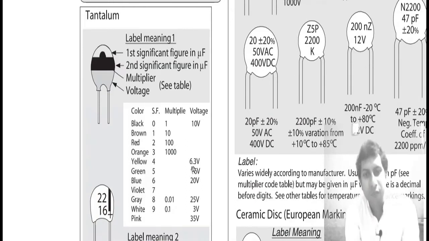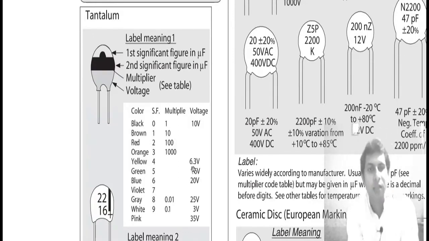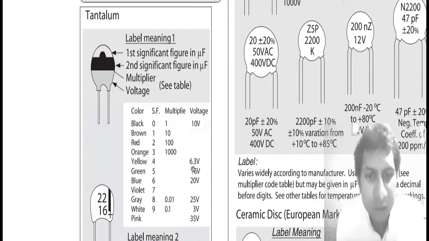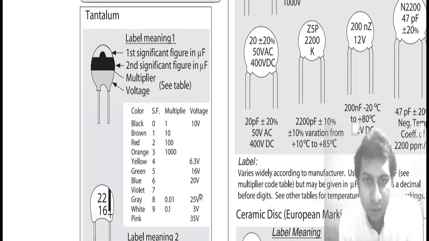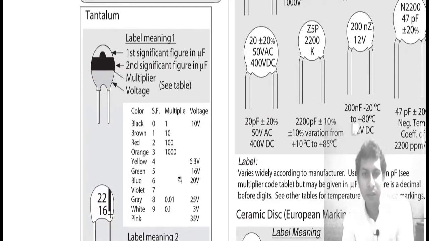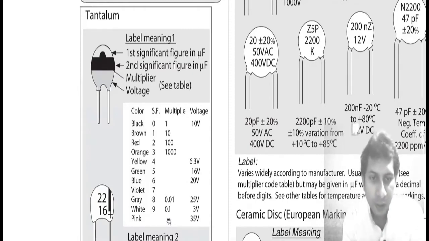If 25 volt or 10 volt is flowing in the circuit, then it might rupture or burst the capacitor casing, that means the extra voltage will damage the capacitor. So you have to keep these conditions in mind, the voltage as well as the capacitance value, while designing circuits. Okay.